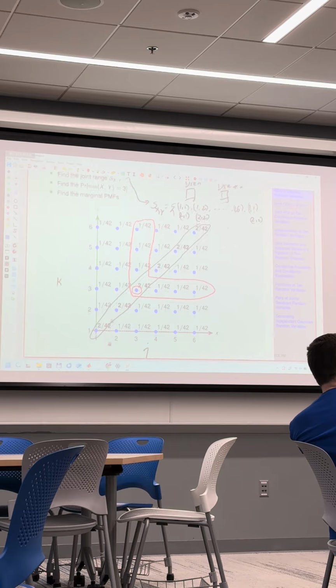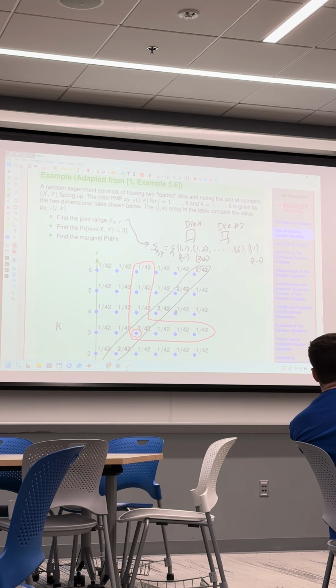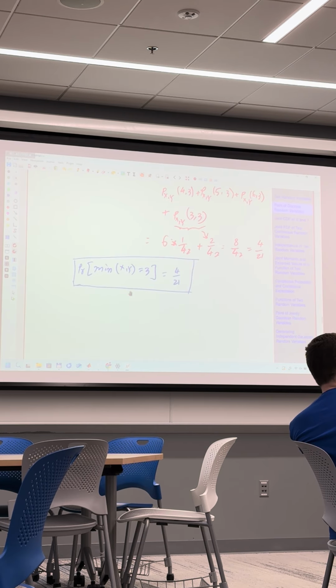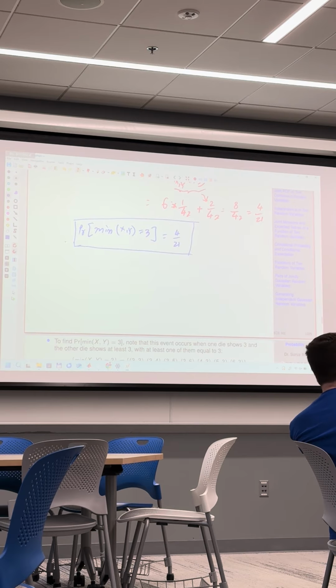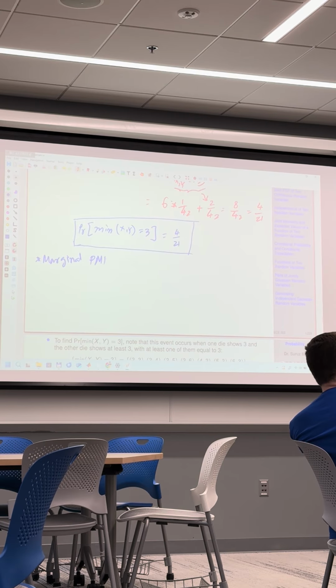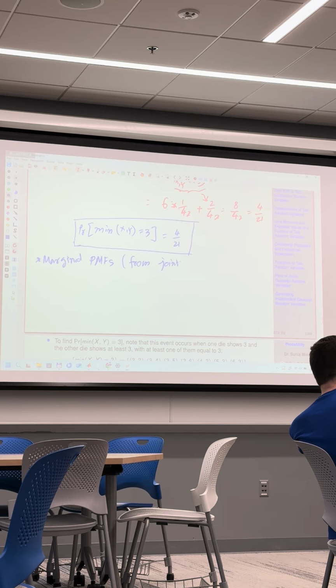The next one, again, we need to keep this in mind. I need to find the marginal PMF of X. Again, marginal PMFs you find from joint PMF, joint probability mass function.